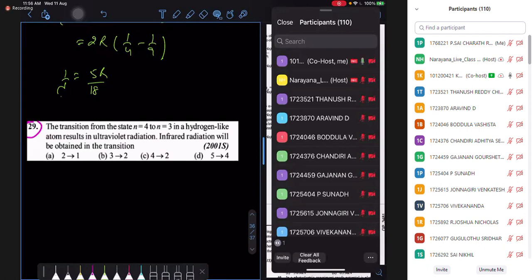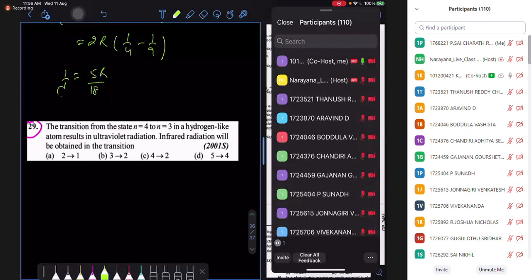We know one thing: ultraviolet has more energy compared to infrared. Ultraviolet means wavelength lower than violet, so it's beyond the violet zone. Infrared is going to be beyond the red zone. Who has more wavelength, red or violet? Red has more wavelength, so energy is less for red. So infrared has less energy compared to ultraviolet.